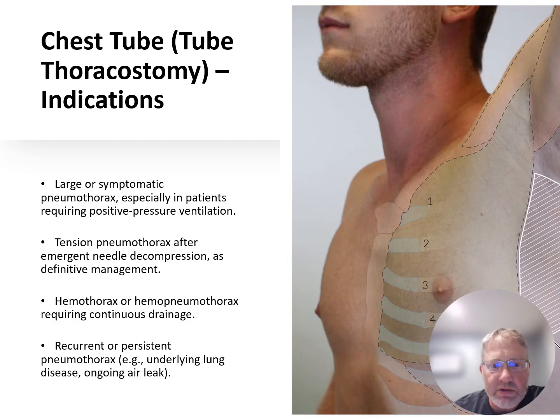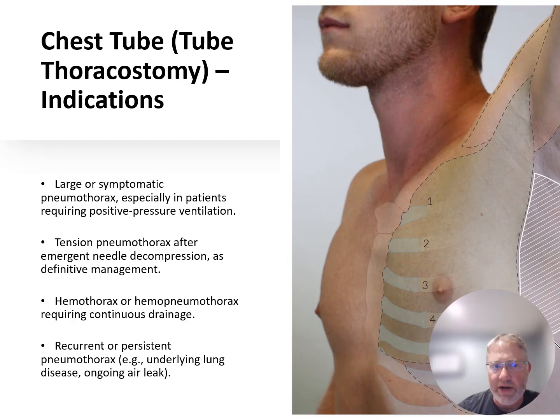Indications for a chest tube, or tube thoracostomy, as the official term is, include a large or symptomatic pneumothorax, particularly in a patient who will receive positive pressure ventilation, because PPV can rapidly turn a moderate pneumo into a life-threatening one.